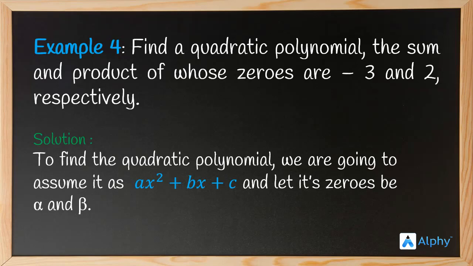You can assume it as anything, but remember that it should have a power x square and it should have x and a constant term. Also, we are assuming the zeros to be alpha and beta. You can assume any variables. There is no need to assume them as alpha or beta. You can assume x, y or anything, but it's the least confusing when you assume them as alpha and beta.